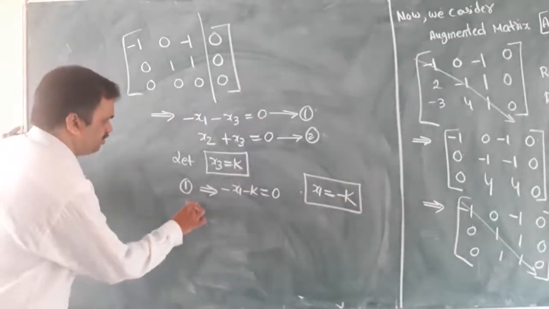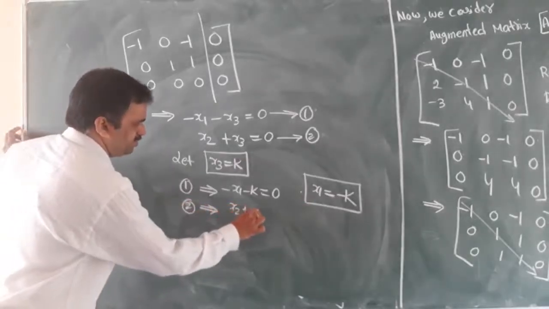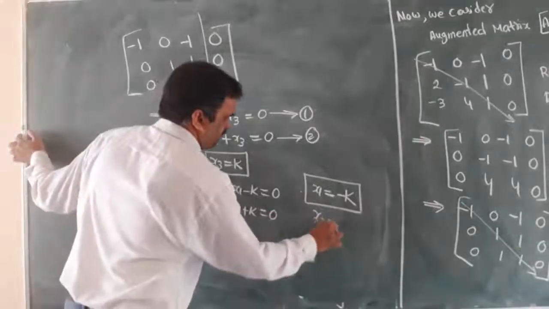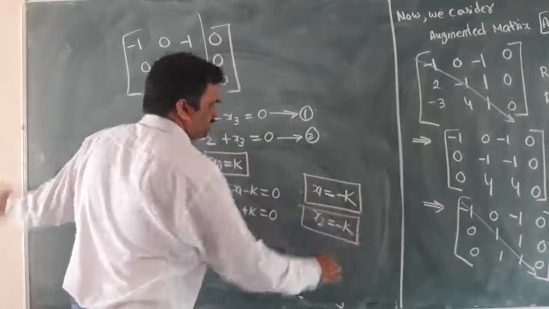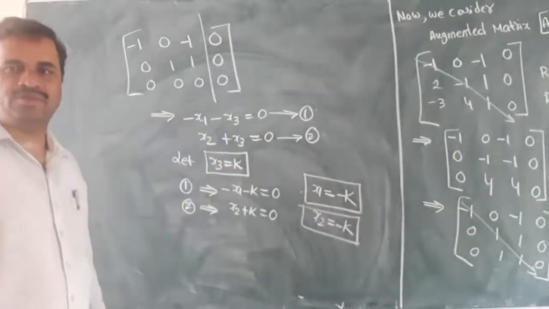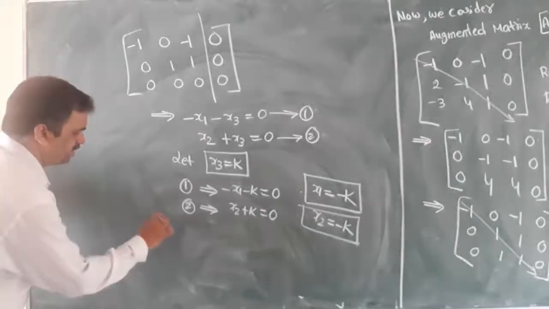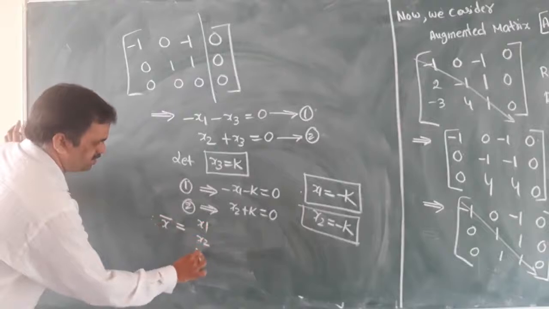Equation number 2 implies x2 plus k equal to 0, so x2 is also equal to minus k. We got the x1, x2, x3 values, so we can give it in vector form. X bar equal to x1, x2, x3.